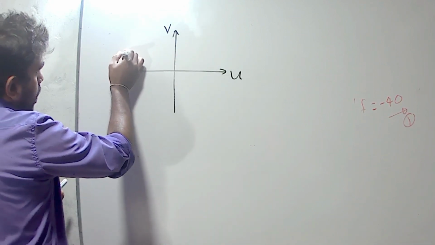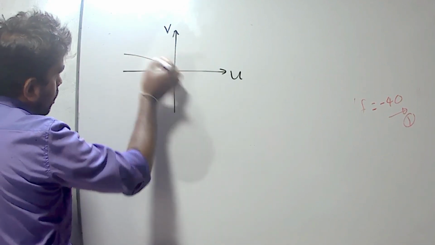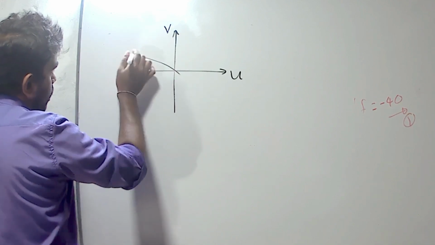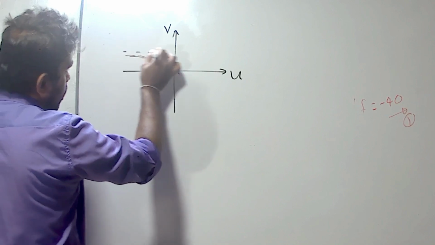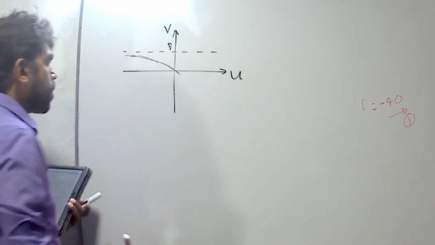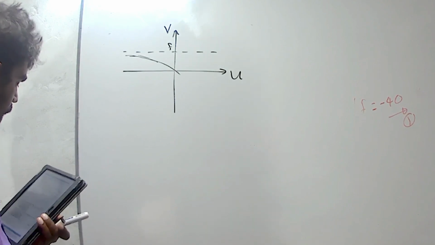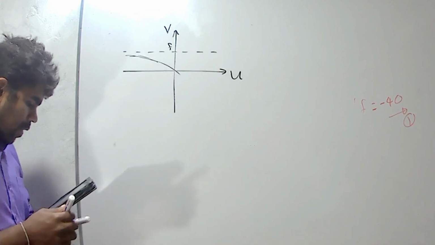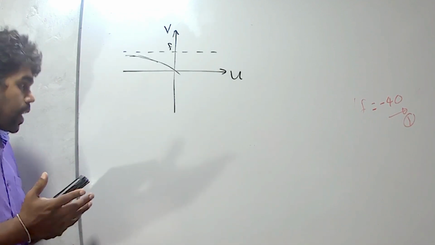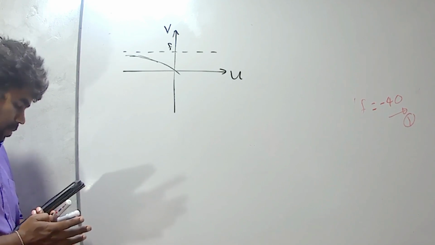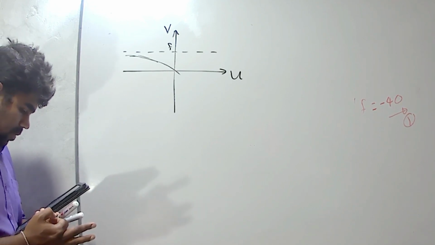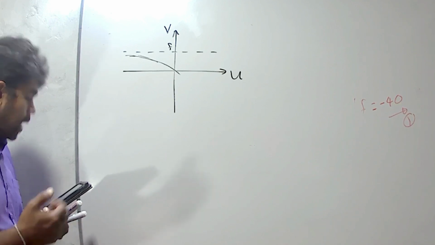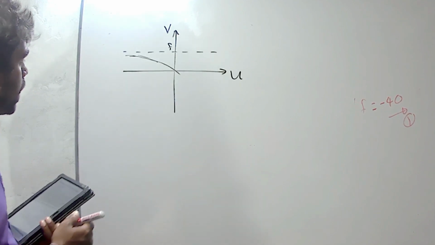We can get the graph like this. This one is the focal length. Now object distance is less than focal length. For a diverging lens, we can always see a real image and larger than the object, then the first answer is correct.